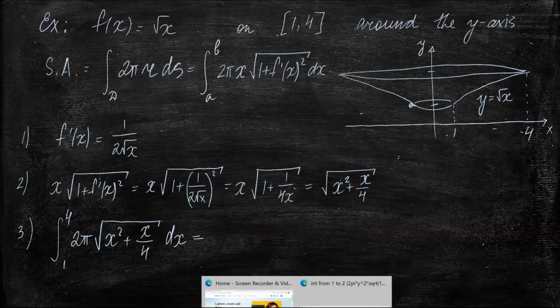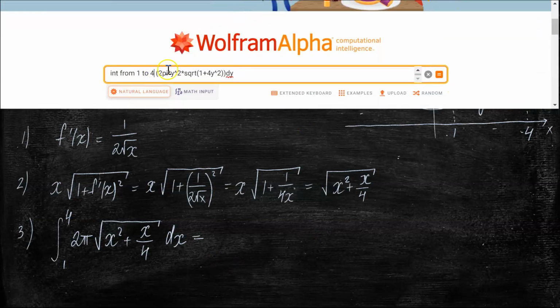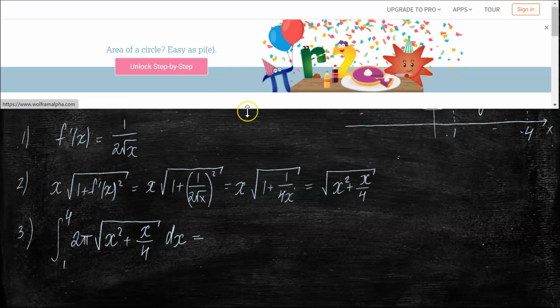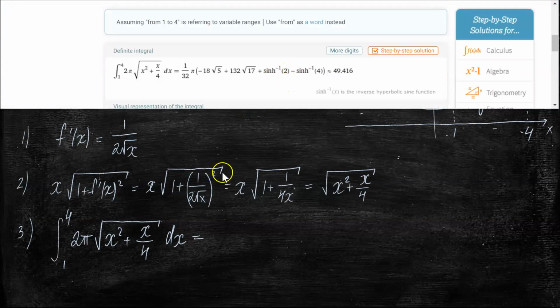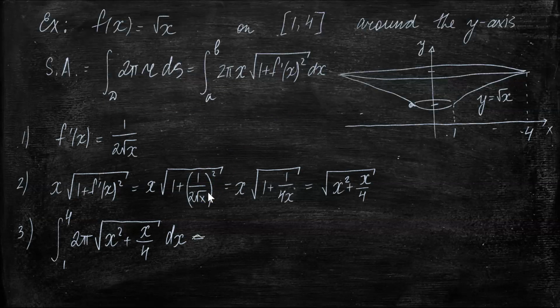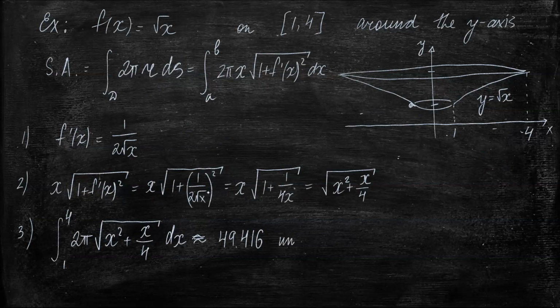But to save time, let's just use Wolfram Alpha, and we're going to integrate from 1 to 4 of 2 pi, and we just have a square root of x squared plus x over 4, and we're integrating with respect to x. And of course we would like this to be the same answer. Yes, it is hyperbolic sine of some sort, and the answer is, just like before, 49.416, which is exactly the same answer as we got earlier using a different approach.